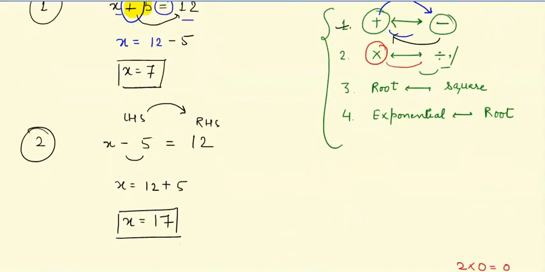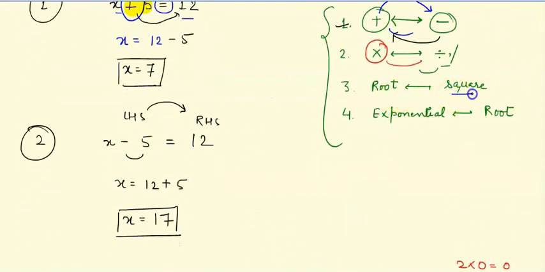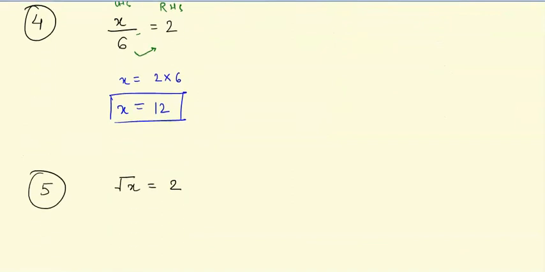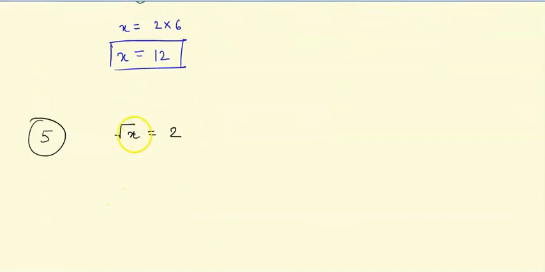Now when we have a root, what we basically do is square. So in this one we have the square root of x, right? Now one more thing, suppose we have the term root of x, we can also write it as x to the power 1 by 2, and this is equal to 2.